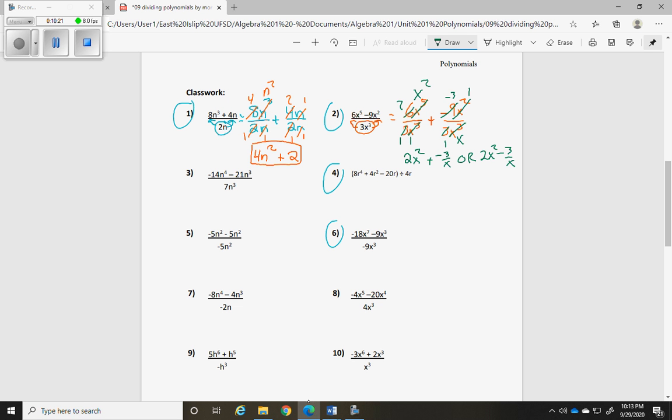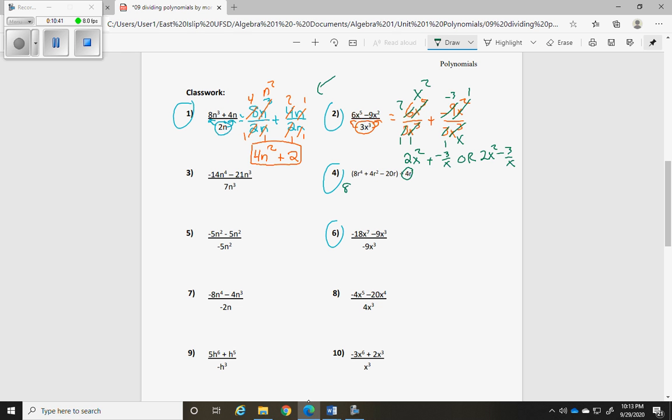Now number 4, when it's written with a division sign, I actually rewrite it like how I did number 1 and 2. This divides into each part of the numerator. I'm going to erase those lines. I don't want you to think I'm distributing. There is no such thing as distributing when you're dividing.